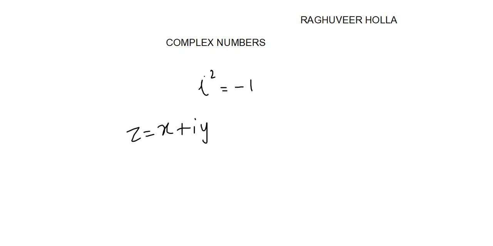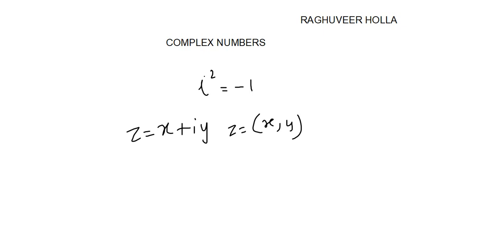A complex number may also be defined as an ordered pair of real numbers and may be denoted by (x, y). We write that as z is equal to (x, y).